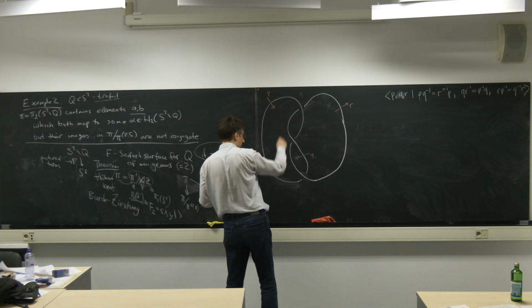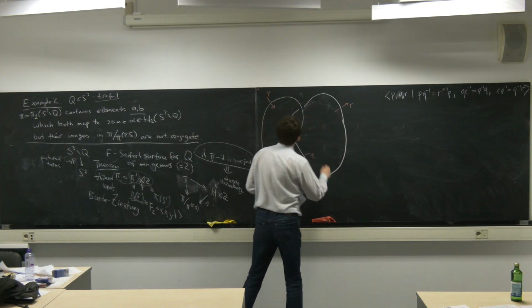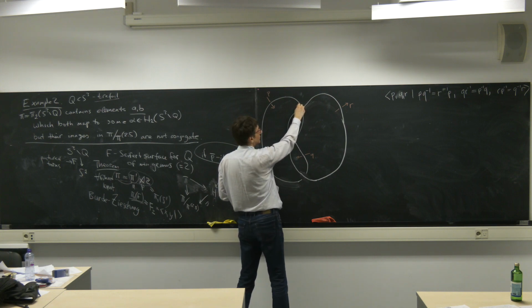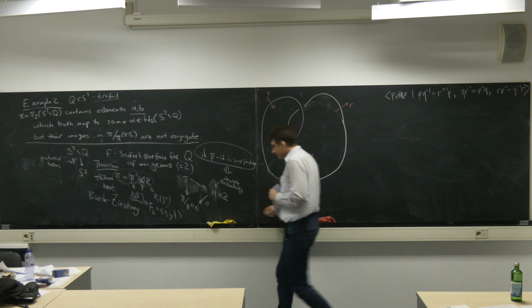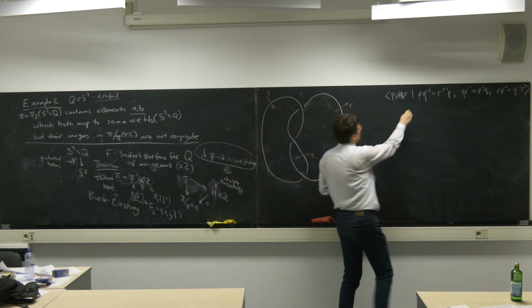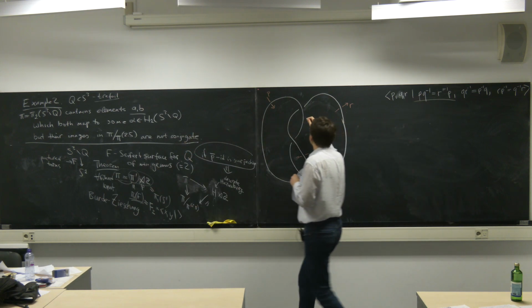So these relations correspond to the three crossings. So for example, let's look at the first relation. The first relation corresponds to this crossing.